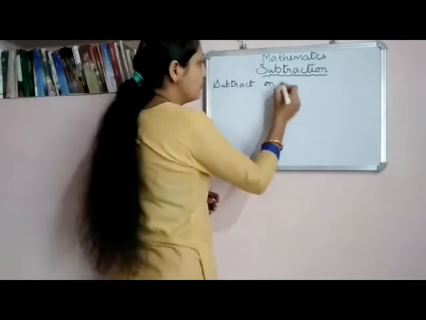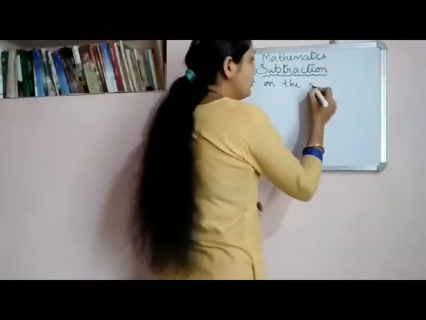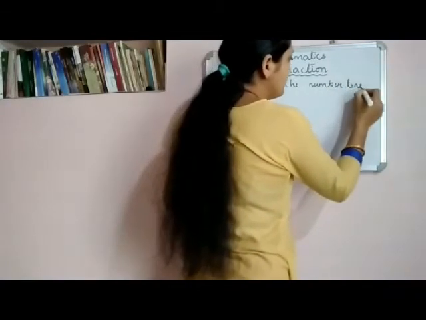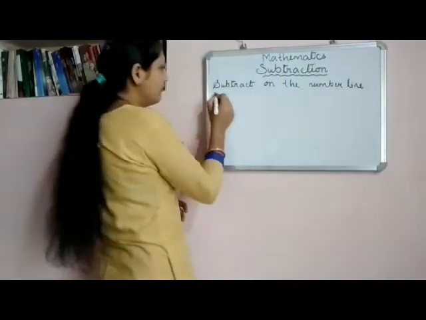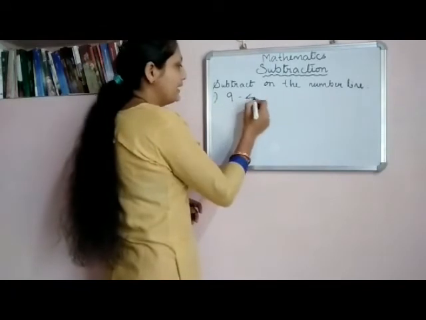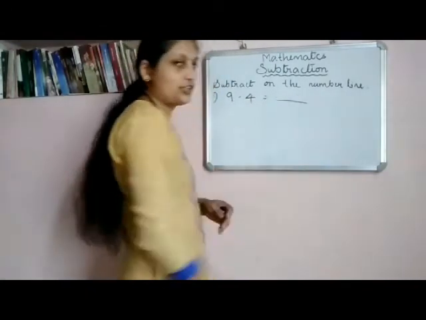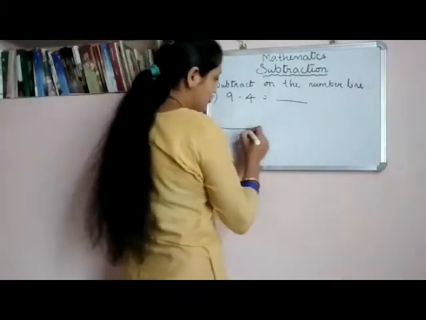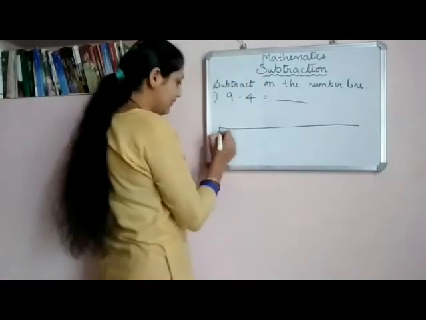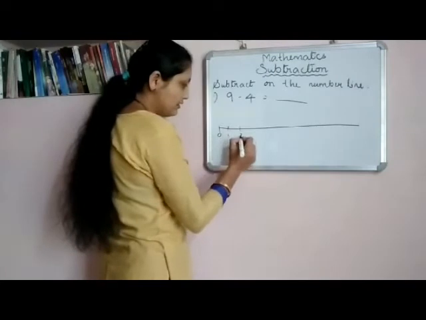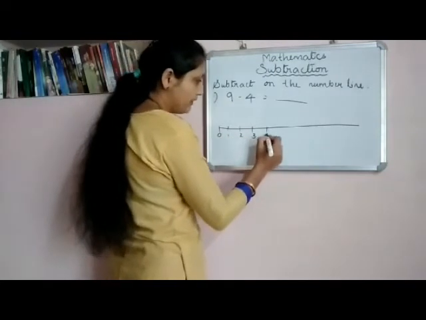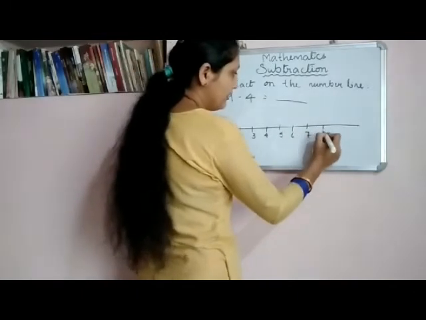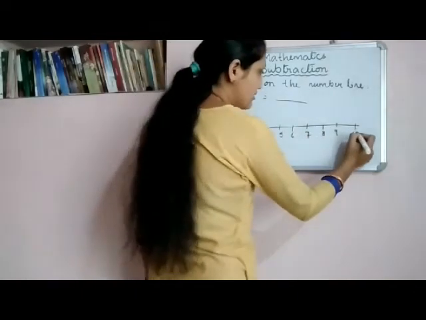Subtract on the number line. 9 minus 4 is equal to dash. So first we have to draw a number line like this. 0, 1, 2, 3, 4, 5, 6, 7, 8, 9, 10.